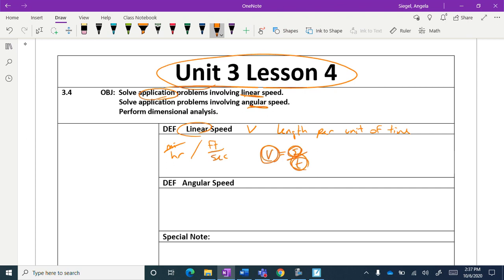So instead of thinking about a person running from point A to point B, this person is going to run in a circular motion. Okay, angular speed is going to be the variable w, and this is radians per unit of time.